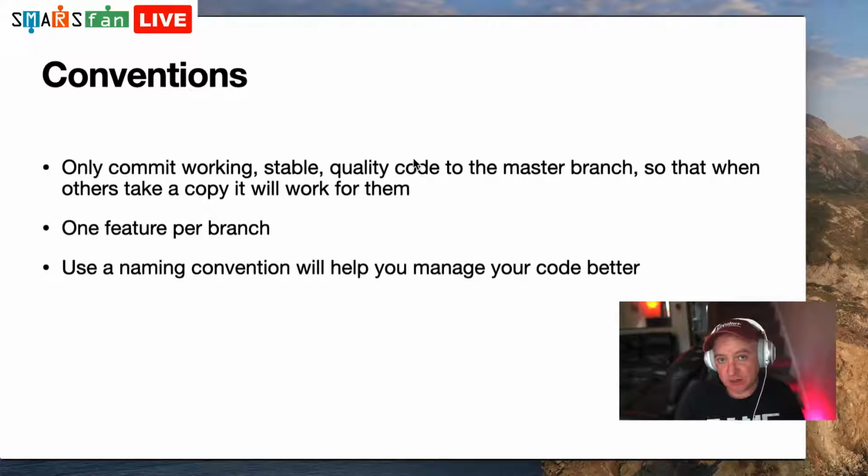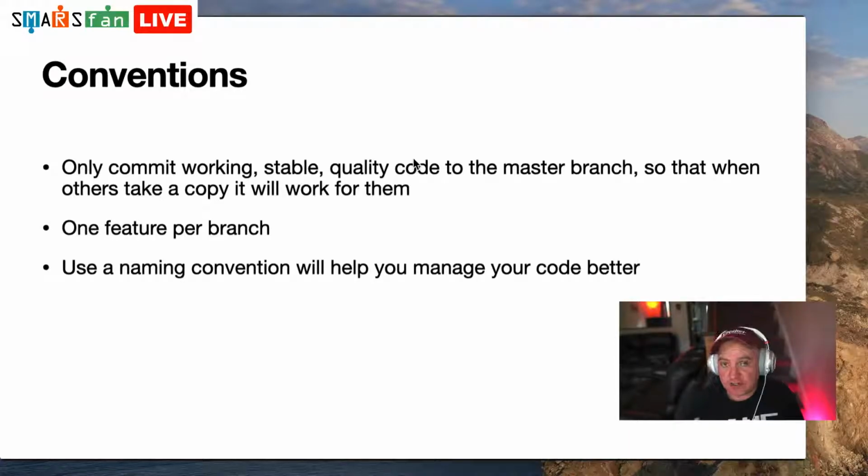Another convention is that when you branch off, you only really work on one feature at a time, and a feature might be a block of code. It might be one feature, one new idea, one improvement, enhancement, bug fix, but basically just one at a time per branch, and that makes it so much easier.